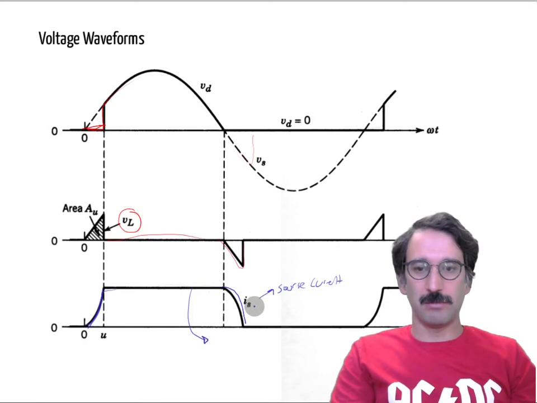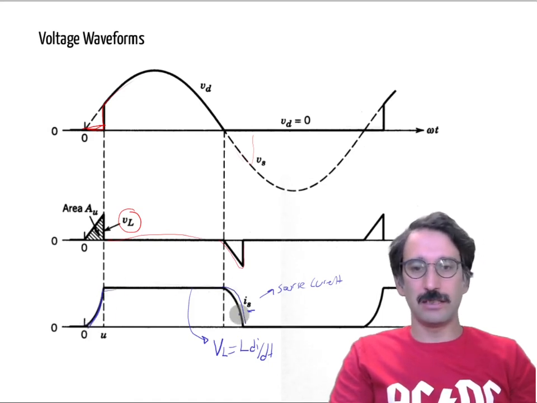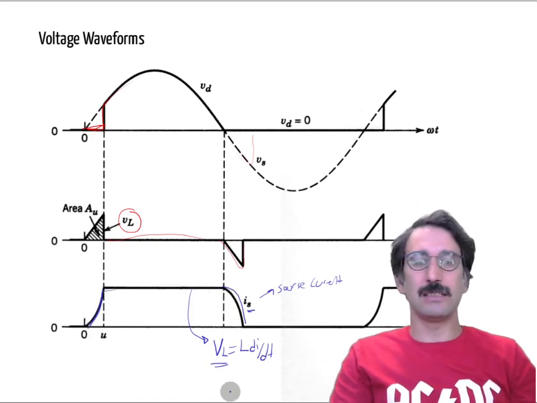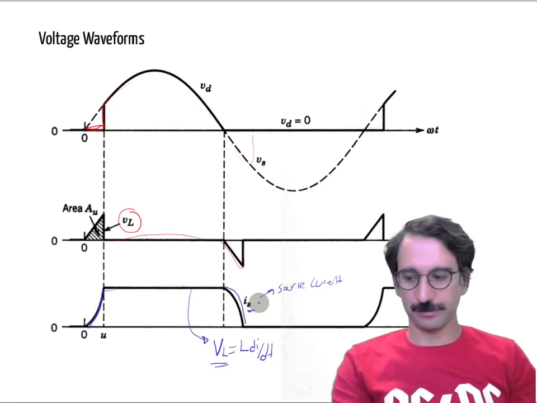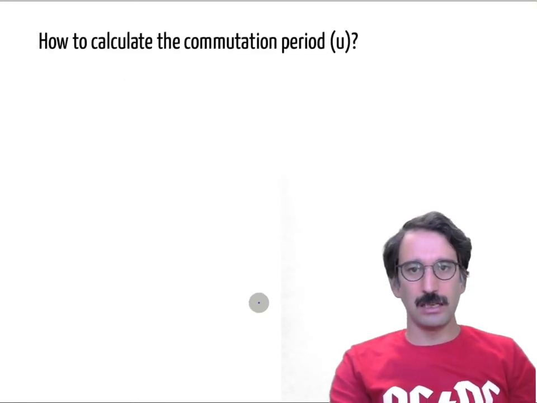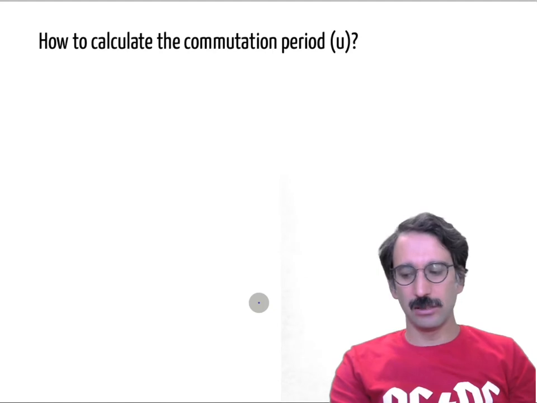Remember that the source current is the same as the inductor current. So VL is L di over dt, and you can take the derivative of that waveform, and it is not infinite anywhere. So cool. How to calculate the commutation period?